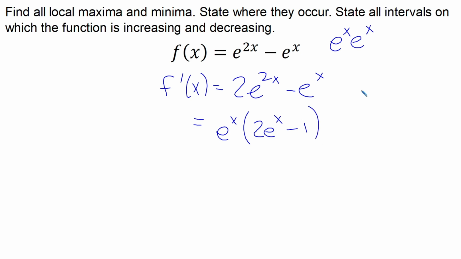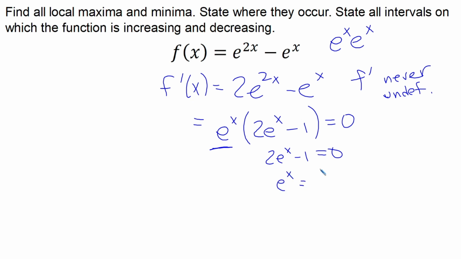And we'll note that our derivative is never undefined. But we'll also note that it does equal 0 when either e to the x equals 0, which is never, or 2e to the x minus 1 equals 0. Well, that gives me e to the x equals 1/2, or x is equal to the natural log of 1/2, right?